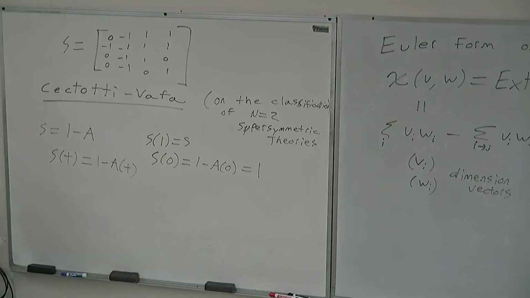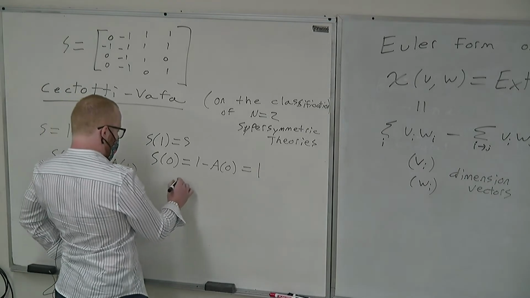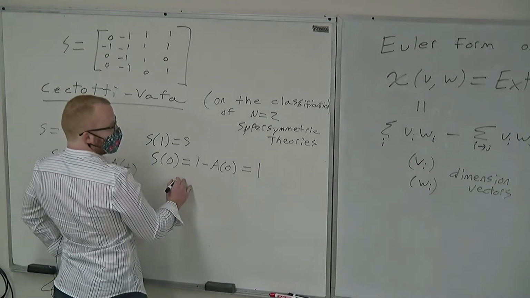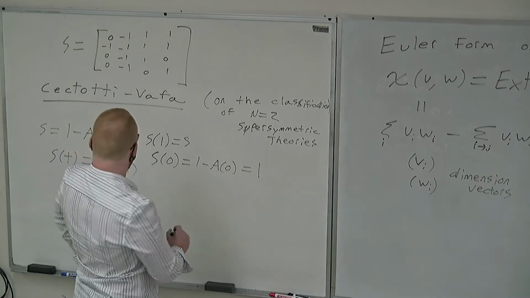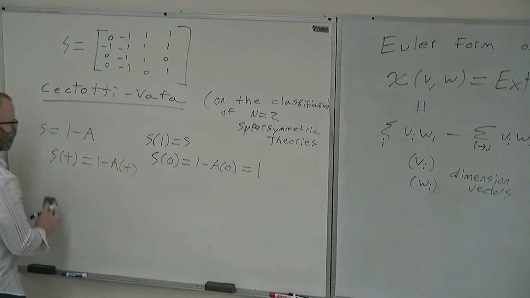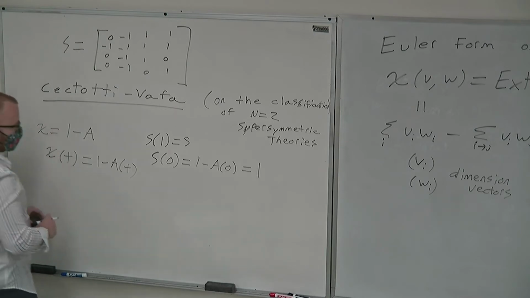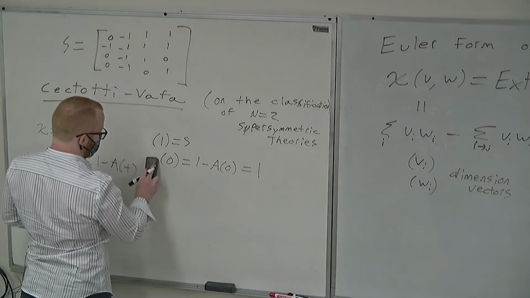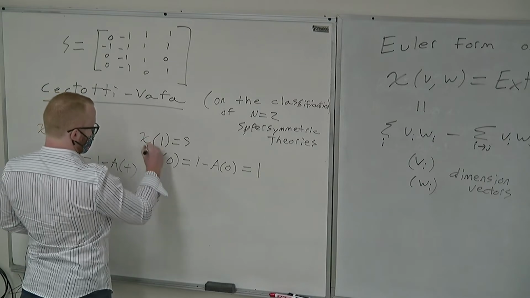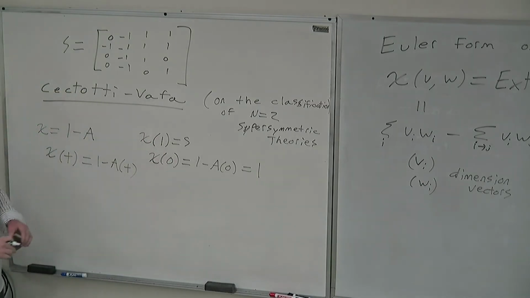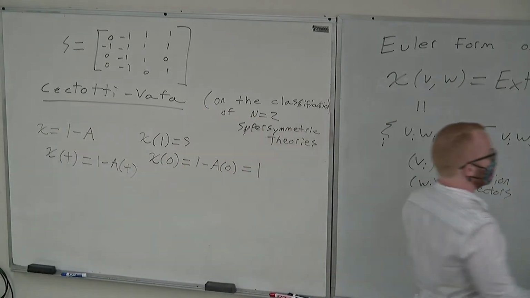Finally, I need one more condition, which is supposed to be on chi, my bad. I'm not looking at the monodromy matrix here; I'm looking at the chi matrix, this Euler form.